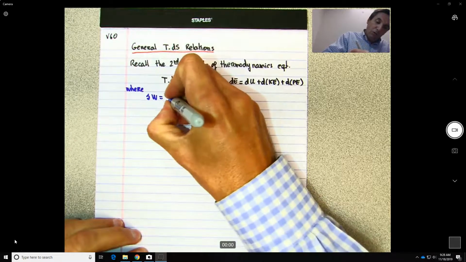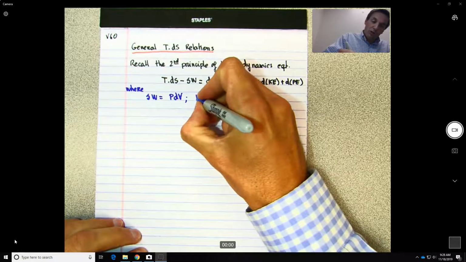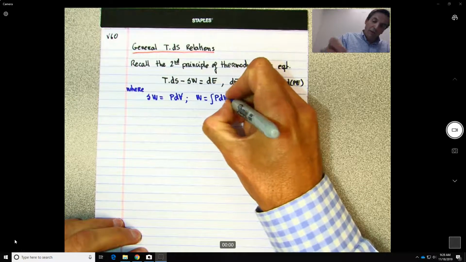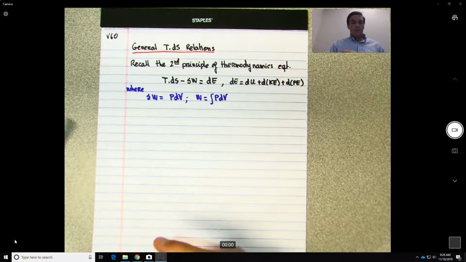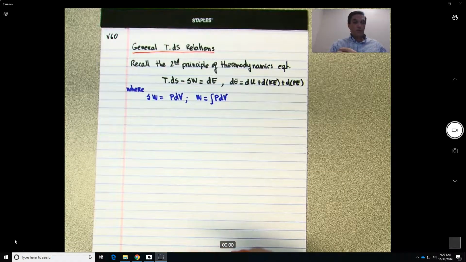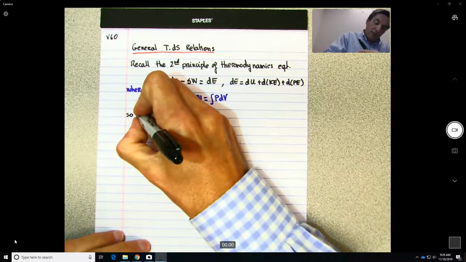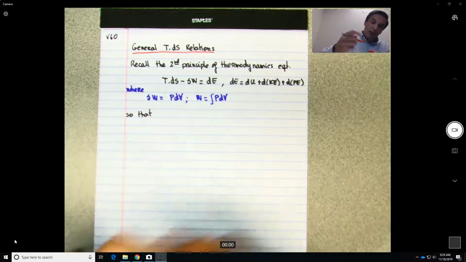It will be P dV. If you remember, we had the expression work equal to the integral, and that's why I said this notation is really more correct.